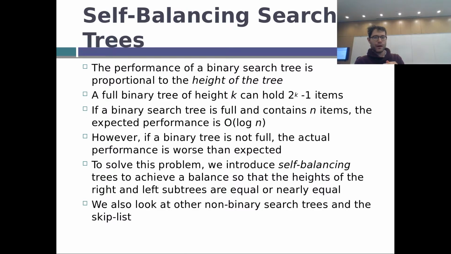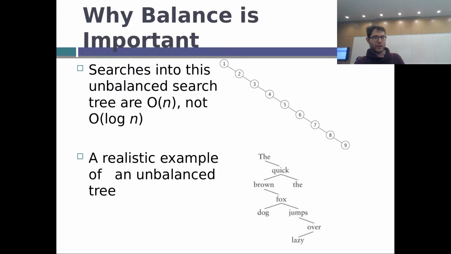Now the reason that this is important is because if you don't have a self-balancing binary search tree, which is what we coded up, then we can run into a situation like this. So this is an unrealistic example where basically I would add 1, 2, 3, 4, 5, 6, 7, 8, 9 to the tree in order. Doing so means that every operation is now O of n time, right? Because it more resembles a linked list than a binary search tree.